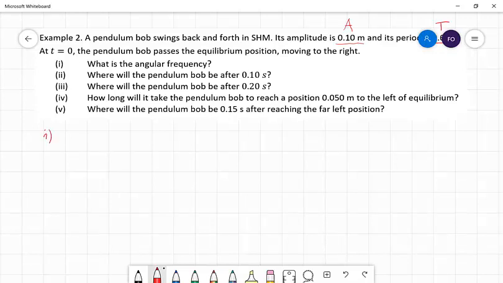So we know that omega is equal to 2 pi over T, which in this case is 2 pi over, and the period here was 0.6 seconds. And we can calculate that.